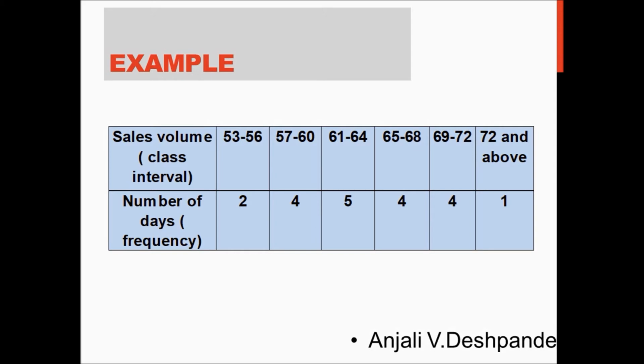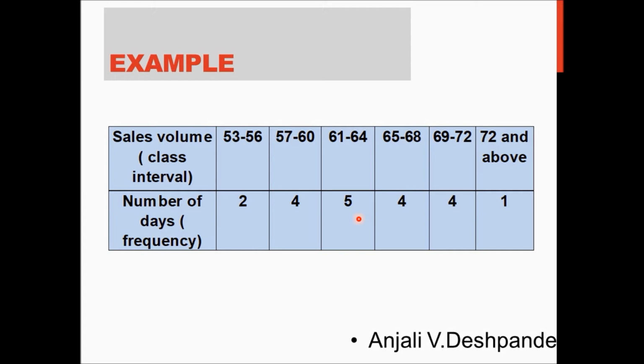So from this data, first of all we are going to identify the modal class. The modal class is the one which has got the highest frequency. So in this case it is 5. So we will say that the modal class is 61 to 64. Now we will find out all the values which are required in the formula.